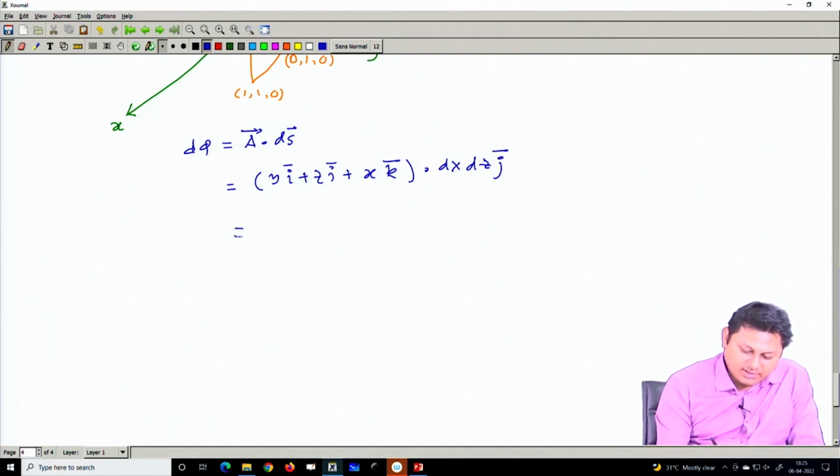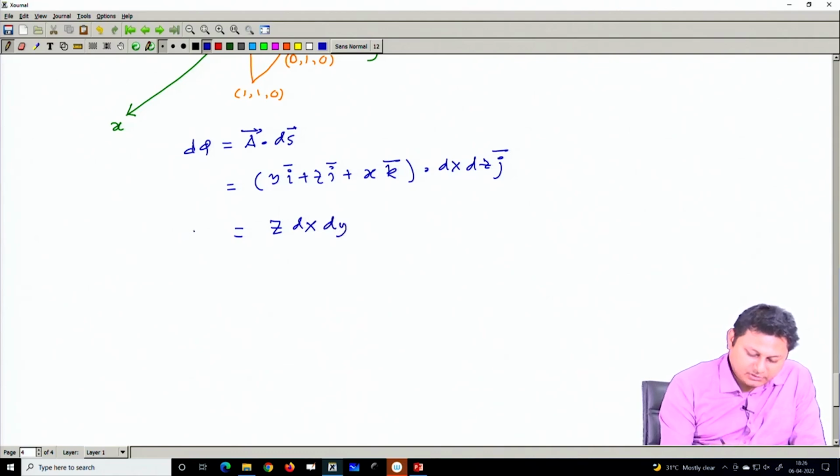From here you can see that i dot j will vanish, j dot j will stay, and k dot j will vanish. So eventually I have z dx dy, the tiny amount of flux d phi.